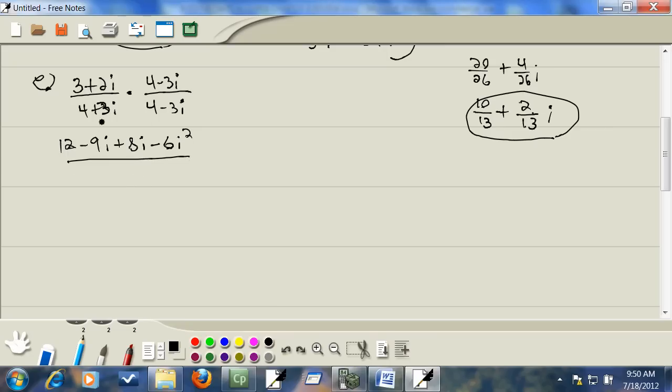And the bottom part, since they're conjugates, 4 times 4 is 16. And 3i times negative 3i is negative 9i squared. Remember, if they're conjugates, you just have to multiply the first parts and the last parts. Well, up on top, negative 9i plus 8i is negative i. And replace the i squareds with negative 1. Same down here.